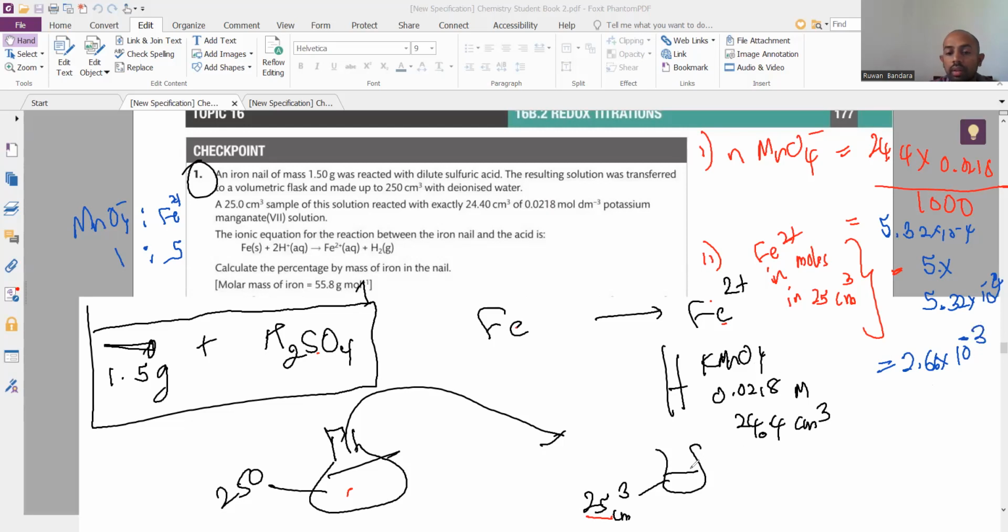Yes. So the original solution is 250. Therefore, Fe2+ in 250 is multiplied by 10. So 2.6 into 10 to the power minus 2. Okay, is that clear?